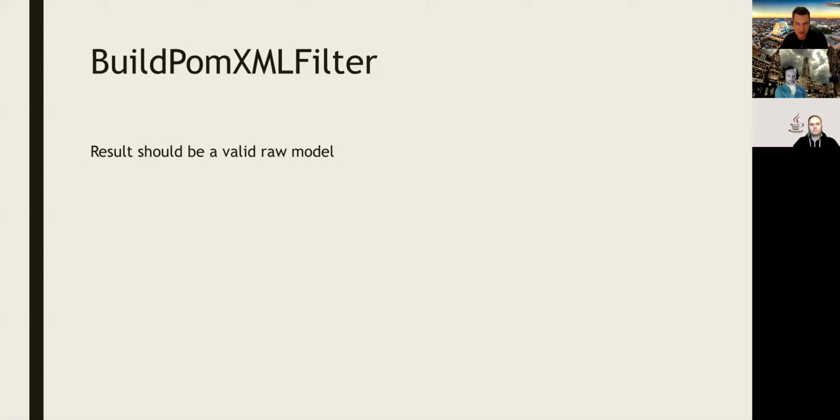That's very interesting if you are using a multi-module project, because quite often the parent POM is a POM file one level above it. So the file model won't contain this version, but the raw model will include it. So then you have a valid raw model again. Okay?